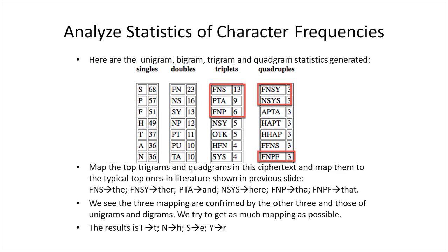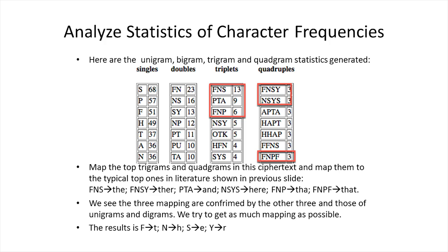Here we show the statistics result generated by that sta.php tool. We map the top trigrams and quadgrams in this ciphertext to the typical top ones in the literature shown on previous slides.